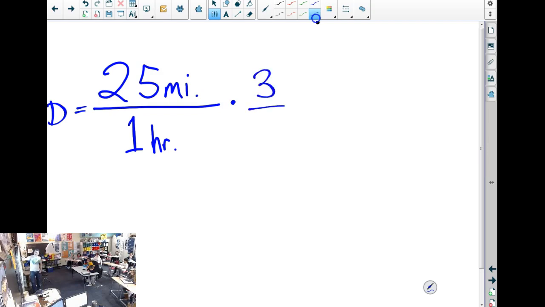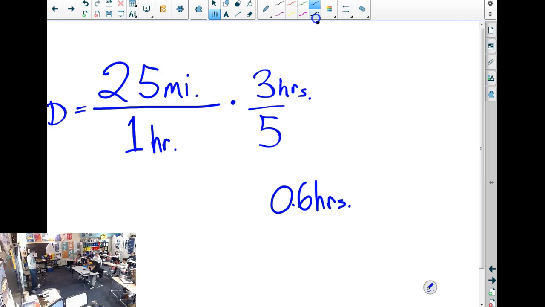So 3/5, but since that's 3/5 hours, the label either goes out beside it, but we don't really like that since we want the label to be on top or bottom. So it actually goes in the numerator, because that belongs to that value. We could also write that as 0.6, and again, the label goes with the 0.6.